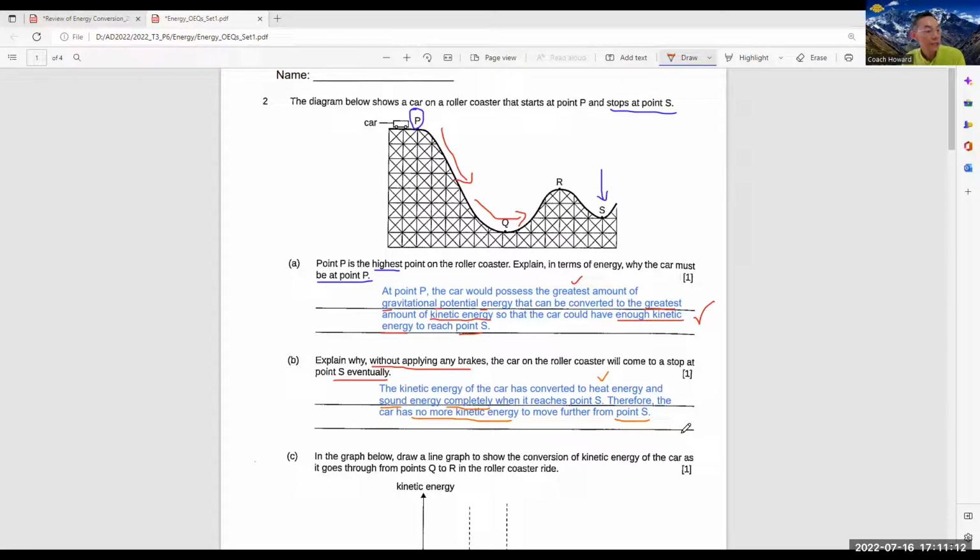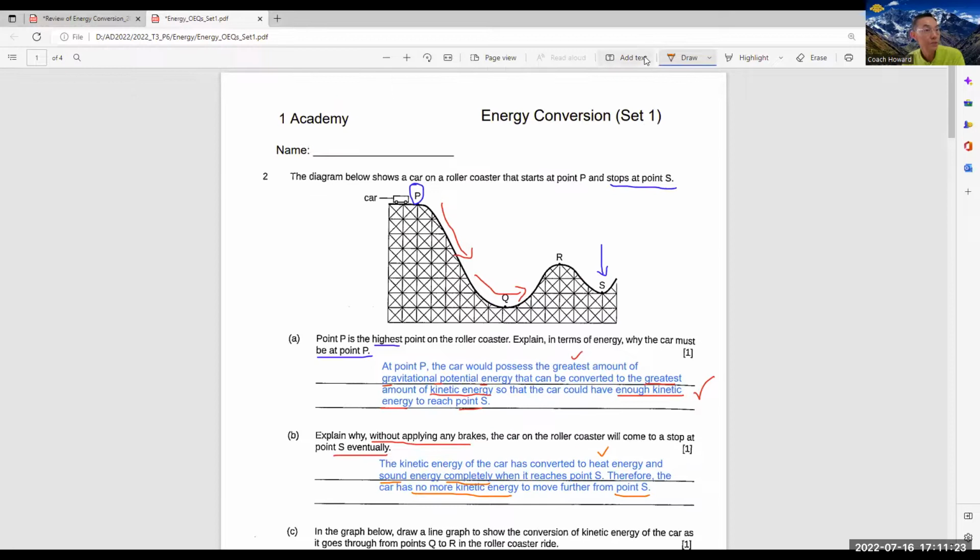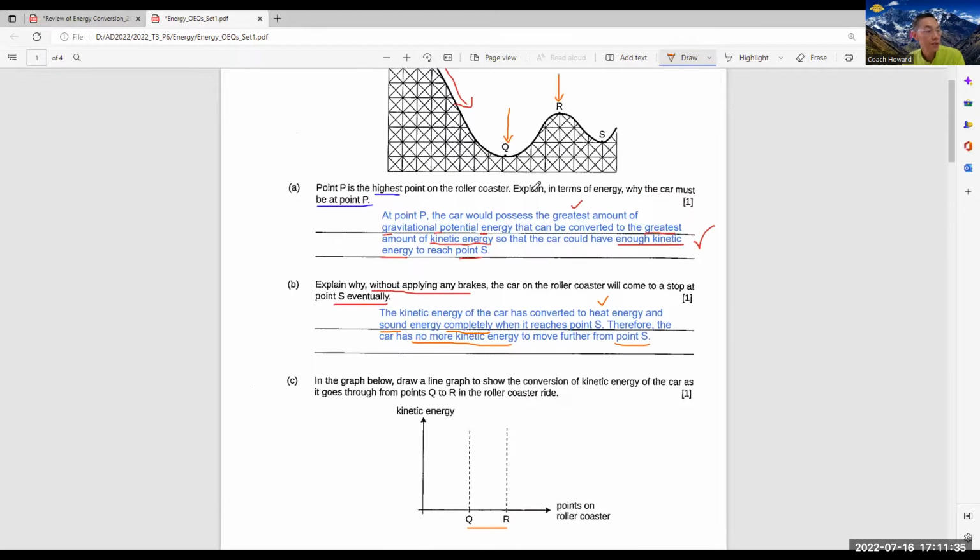Okay, last part. That's why you take note, because many students draw the full graph. But the question says, you only draw this section, Q and R, the points on the roller coaster. So if you notice here, if I erase this point, right? So you must look at this part and this part as the car travels, okay, from Q to R. And they ask you to draw kinetic energy. So you must visualize, as you go up the slope, do you think the speed increases, decreases, or remains the same?